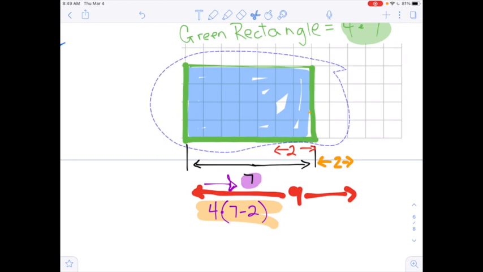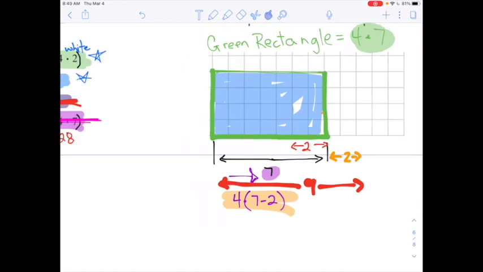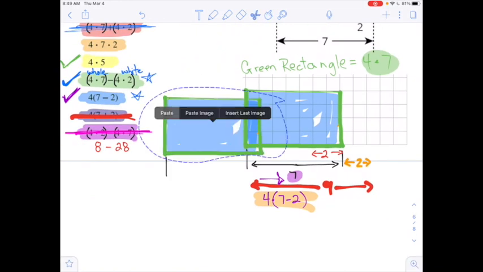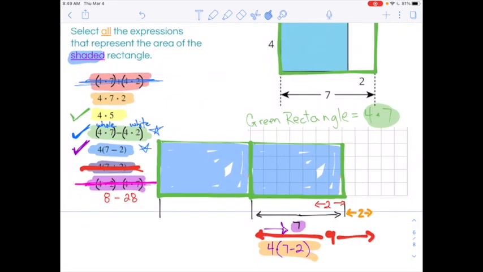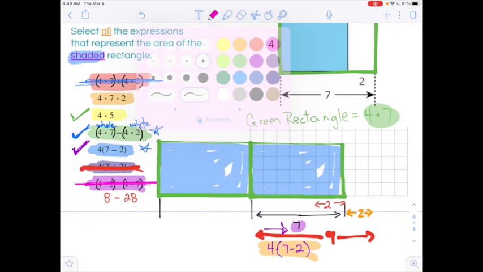Oh, is Miss Toivola going to be able to figure out how to do this? There we go. Copy it. 4 times 7, and then times 2 means add it on again. This is what 4 times 7 times 2 looks like. That is very clearly a different rectangle, a gigantic rectangle. So that orange one doesn't work either.